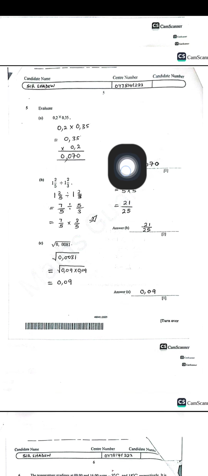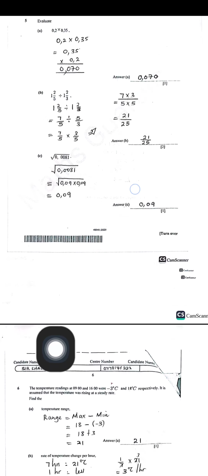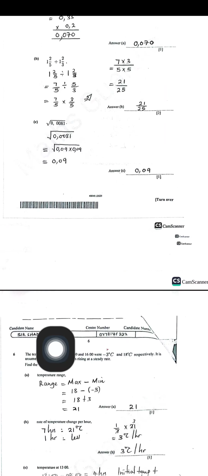So we have 3 decimal places. So you count from the right to the left: the first value is 1 right here, 2 right here, 3 right here. So you just put a comma. Then it becomes 0.070. So the solution is found also right here, which is 0.070.